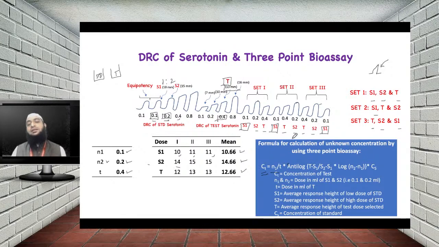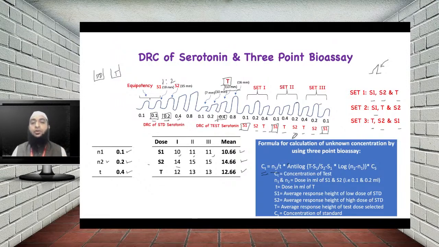Second important thing is that the contact time is less because it is a very fast contracting tissue. Third thing we have studied is the method, that is the 3-point bioassay, where we are taking the average height, so it reduces the possibility of error and gives the most accurate result. So most accurately you can calculate the concentration of the test.